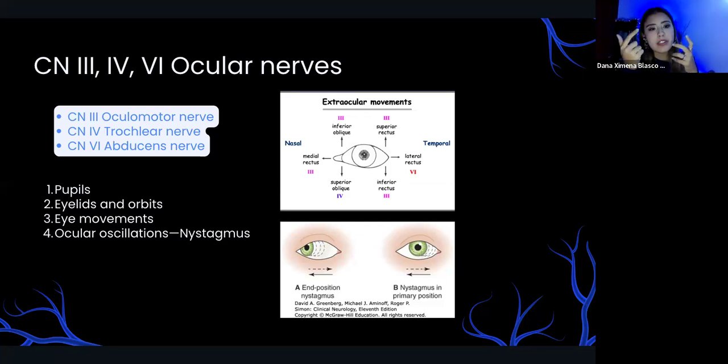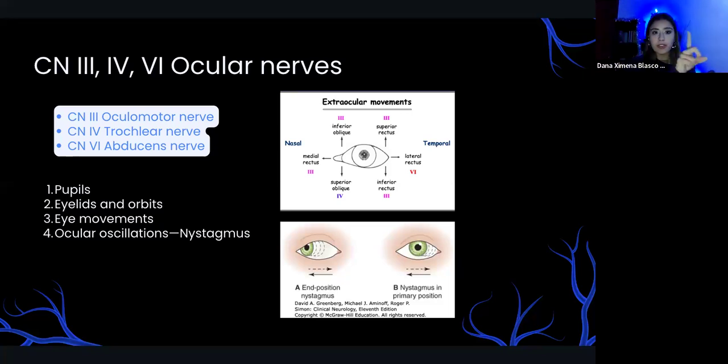Why? Because if the patient has some disorder of this, for example, trochlear nerve or something like that, maybe he has ptosis. Ptosis, like when the eyelid moves like this, the patient has an eyelid like this, right? So that's ptosis. Also, we're going to evaluate eye movements, ocular movements. We're going to ask our patient, please also follow my finger. You're going to move your eyes this way, horizontal, up, down.